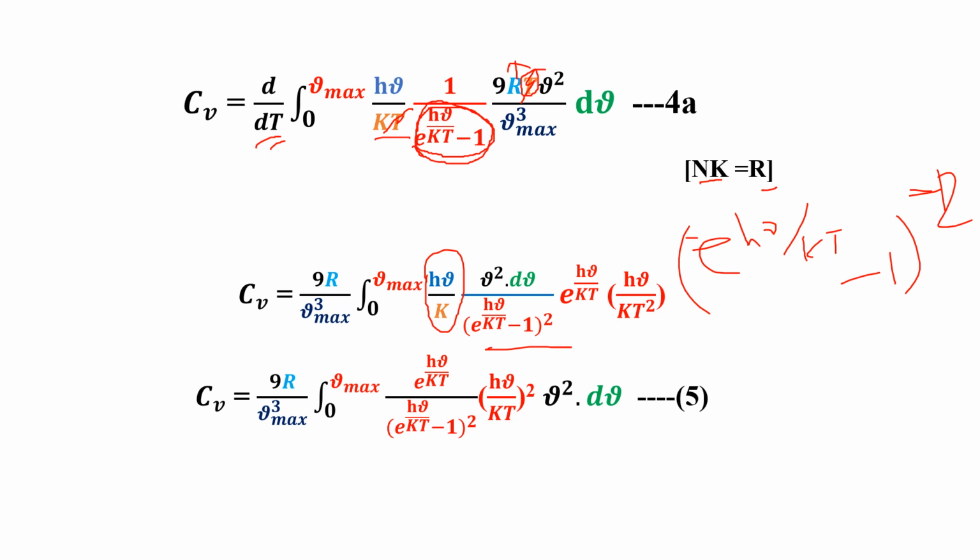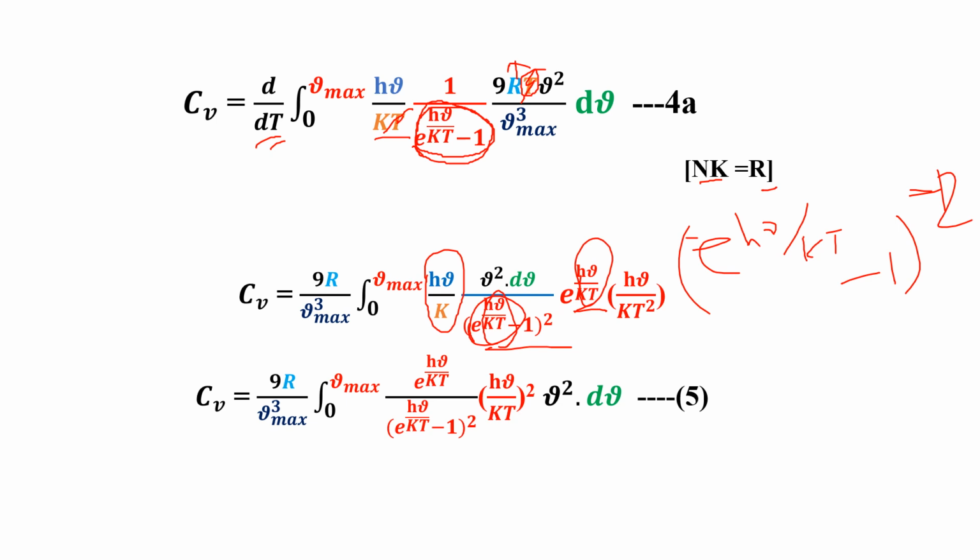And in the same way, the e power h nu by kt will again be differentiated, and you can write it as e power h nu by kt in the numerator. Again the h nu by kt will be differentiated.